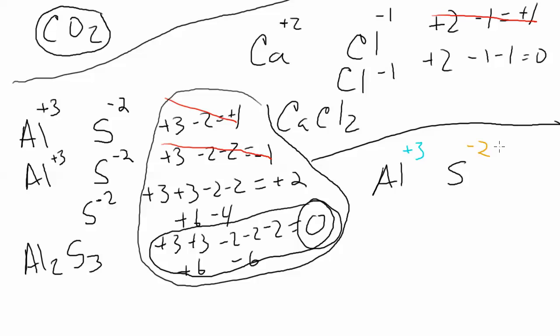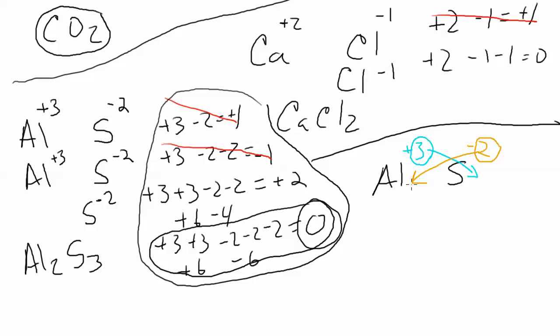If you take the absolute value of the numbers on these charges and you switch them, I mean you send them over to the other element. So we're going to send the number with the aluminum over to the sulfur, and we're going to send the number that's with the sulfur over to the aluminum, and then use those numbers as the subscripts.